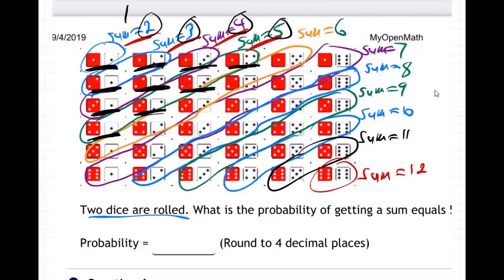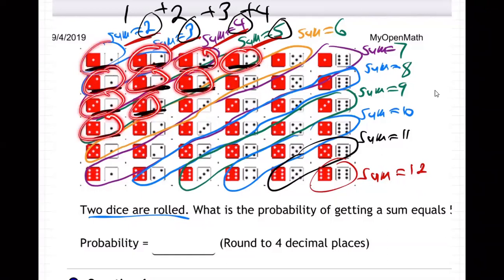There's one way to get a sum of 2, 2 ways to get a sum of 3, 3 ways to get a sum of 4, and 4 ways to get a sum of 5. That adds up to 10. See how it's 10? 10 different outcomes have a sum of 5 or lower. 10 out of 36. See that?